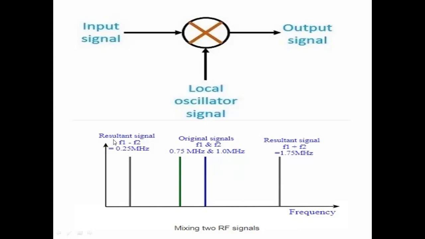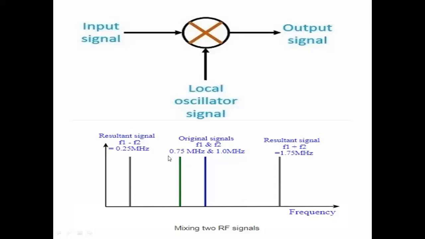Similarly, for the difference, F1 minus F2, we get 1 megahertz minus 0.75 megahertz, which is the 0.25 megahertz signal, one single frequency component.